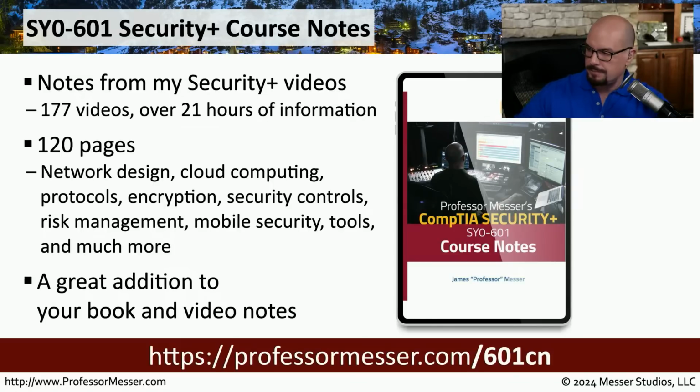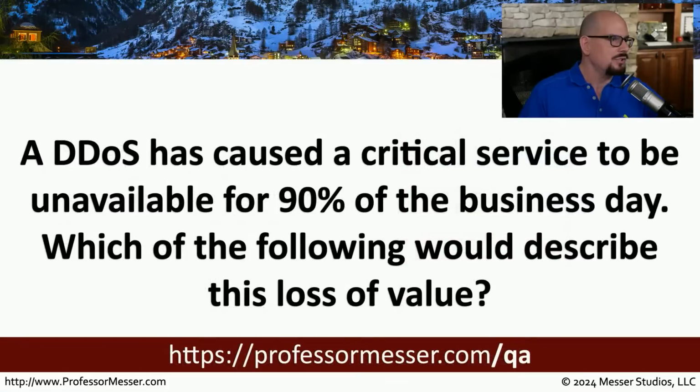Let's do another question. We've got more here. Next question on our list asks, a DDoS has caused a critical service to be unavailable for 90% of the business day. Which of the following would describe this loss of value?